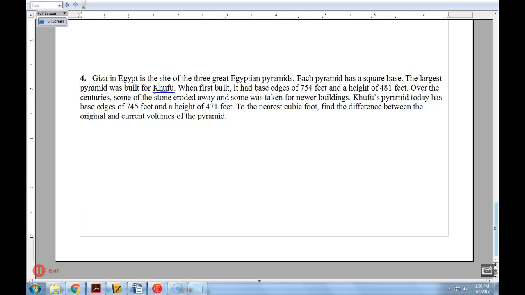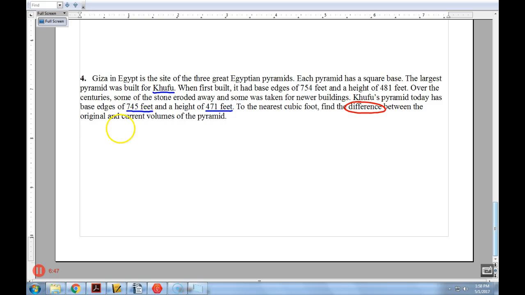When first built, it had a base edge of 754 and a height of 481. Over centuries, the stone has eroded and been taken away for newer buildings. The pyramid today has a base edge of 745 and is 471 feet tall. So it's lost 10 feet in height. Find the difference between the original and the current volumes.